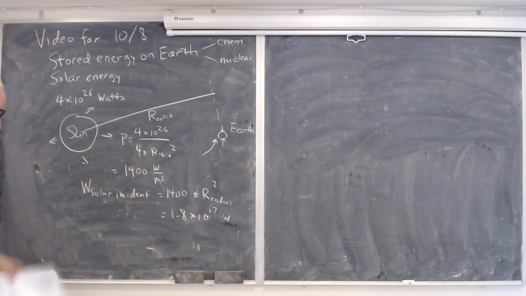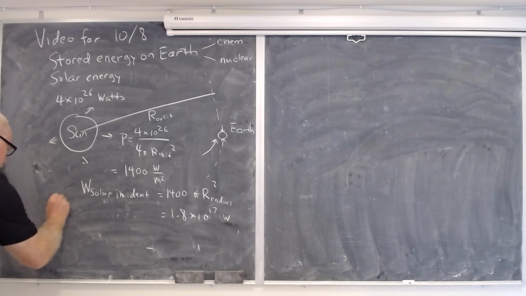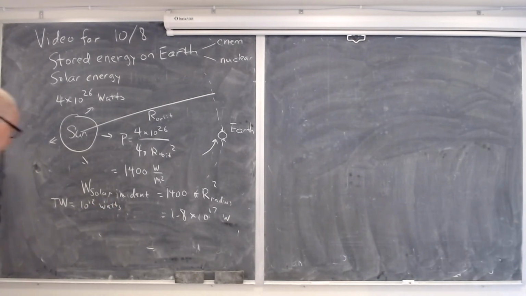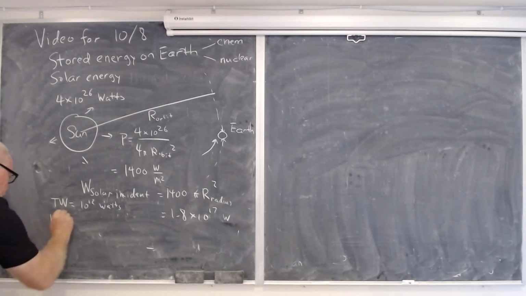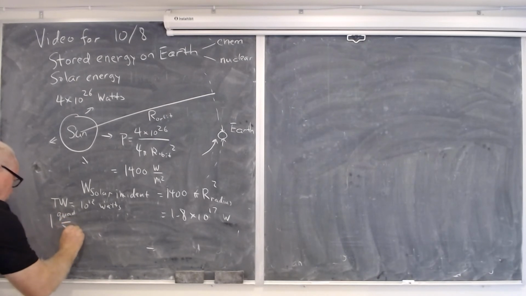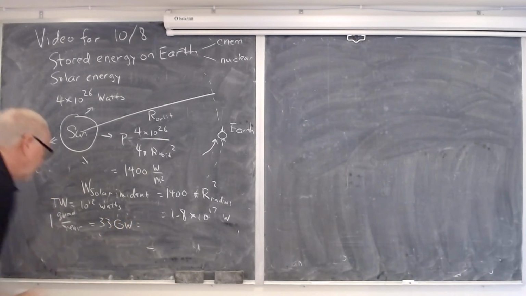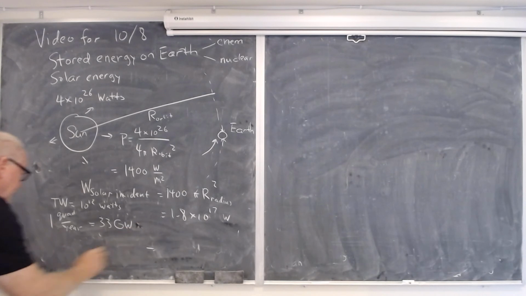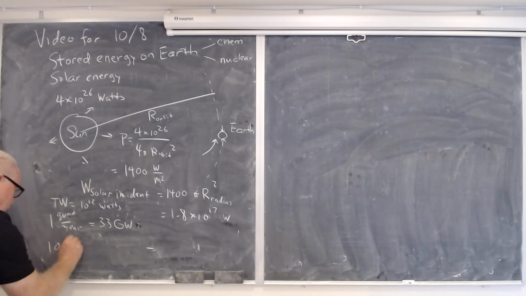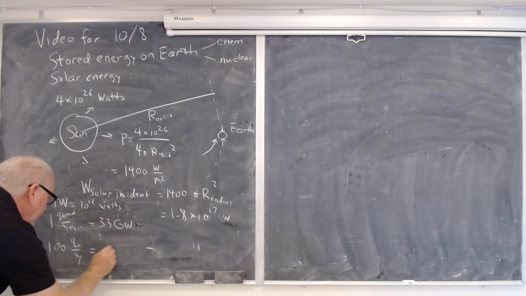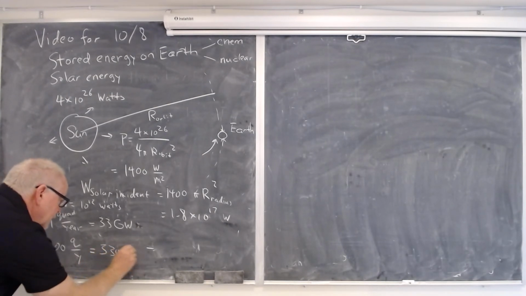Now, here I'm going to introduce a quantity called a terawatt, which I might have slipped in here and there. A terawatt is 10 to the 12 watts. Now, we went through how 1 quad per year is 33 gigawatts. So 100 quads per year, which is roughly the energy consumption or the power consumption of the US, is equal to 3,300 gigawatts.